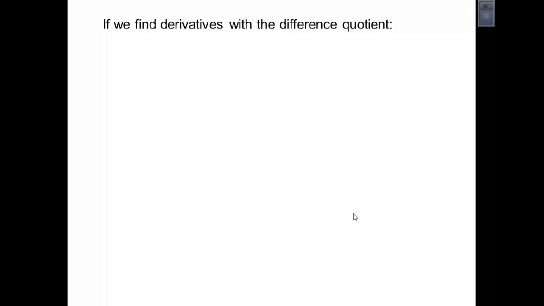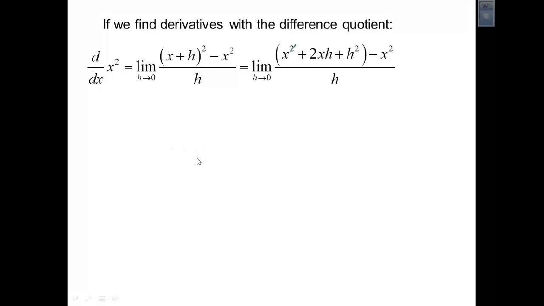All right, now if we find derivatives with a difference quotient, you don't have to write this down in your notes. Just follow along with it, and it's going to lead us to our next shortcut. If we had the derivative with respect to x of x squared, we would get this, and when we solved it out, we ended up getting 2x.